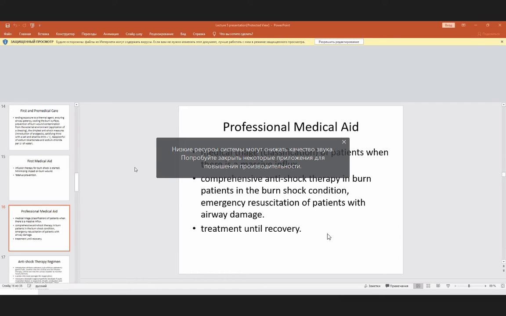Acute burn toxemia is the second period of a burn disease.